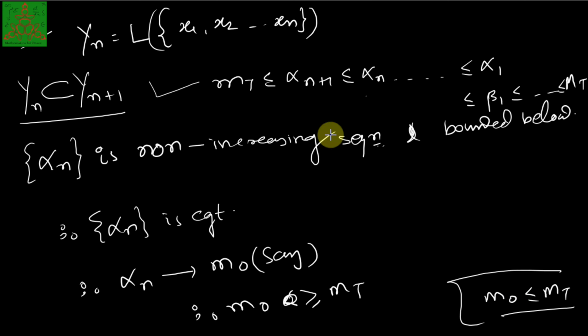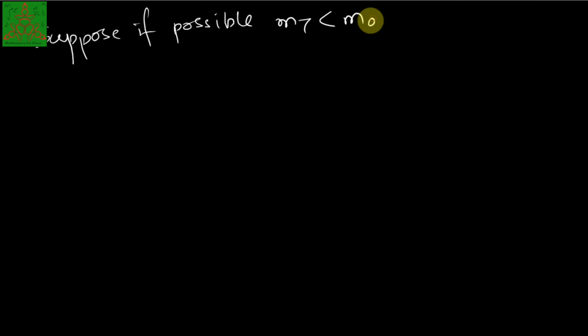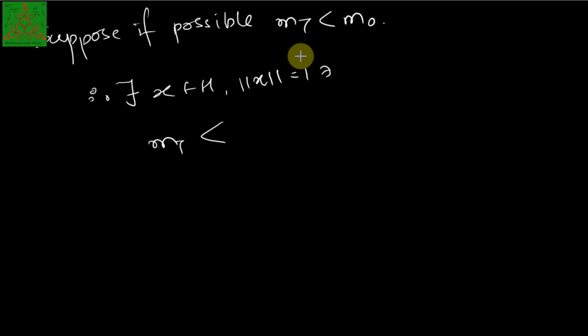So what we can assume is, suppose if possible, small mt is less than m0. Therefore there exists x belonging to H with norm of x equal to 1 such that there is some value in the numerical range, so that means mt is less than inner product of Tx, x, which is less than m0.